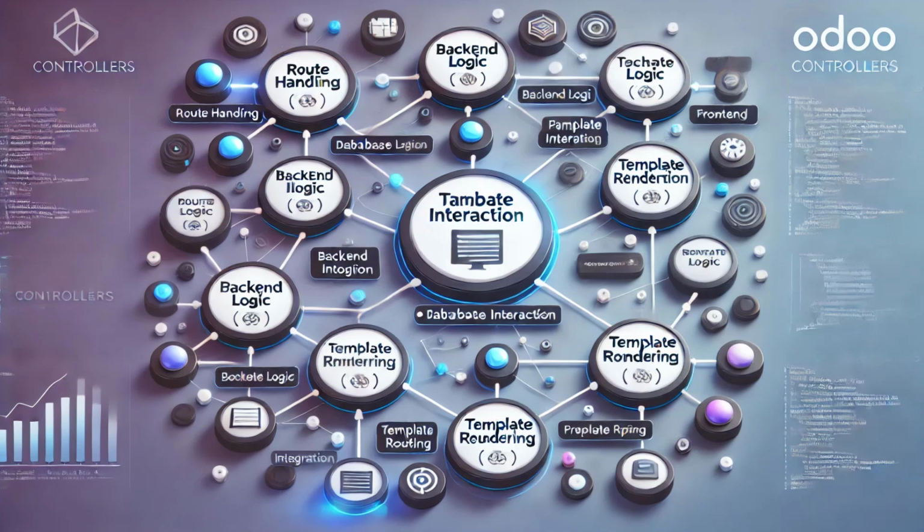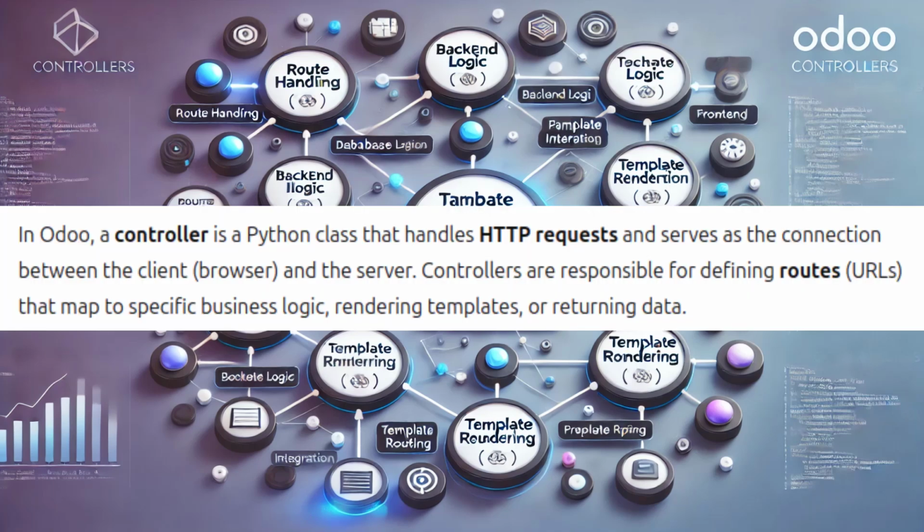Let's get started. Before diving into the files, let me explain what a controller is and why it is important in Odoo. Controllers in Odoo are Python classes that handle HTTP requests. They define routes for custom URLs which allow us to render specific pages, process form submissions, or return data via APIs.